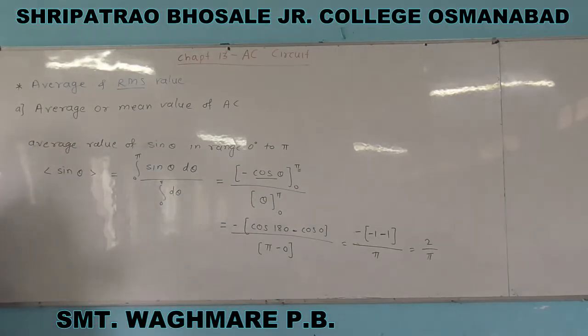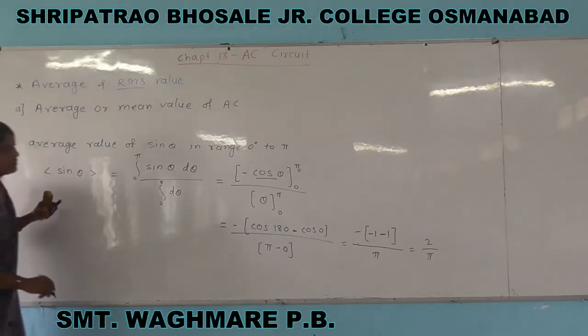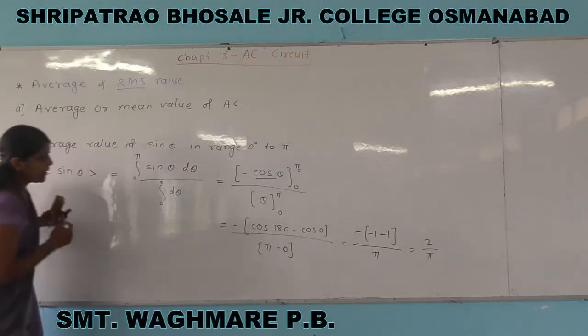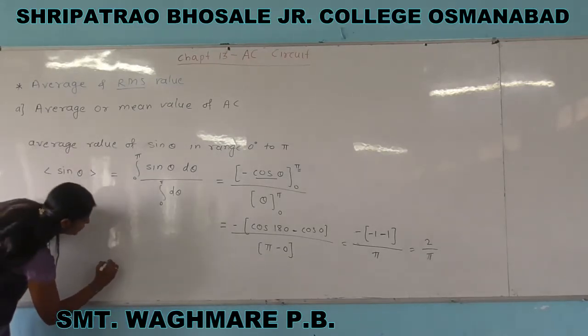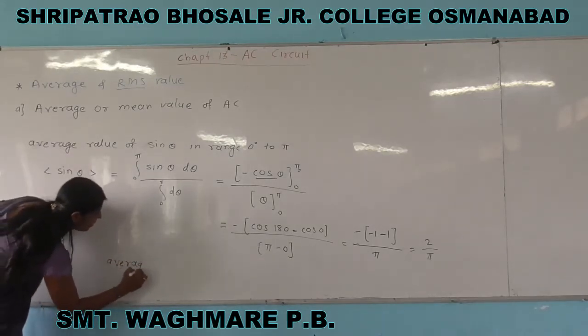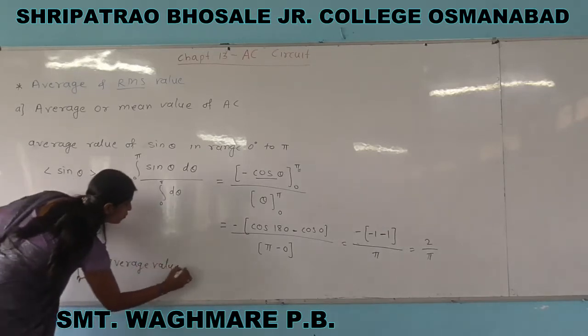Therefore, the average value of current or EMF is equal to 2 divided by pi.